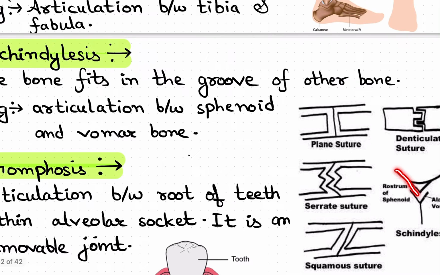This is the rostrum of the sphenoid bone, which fits into the groove of the vomer bone. So this is schindylesis, the articulation between sphenoid and vomer bone. Understood? So schindylesis is a type of fibrous joint where one bone fits in the groove of another bone. The typical example is the articulation between sphenoid and vomer bone.